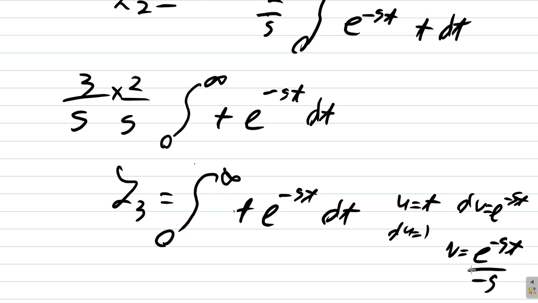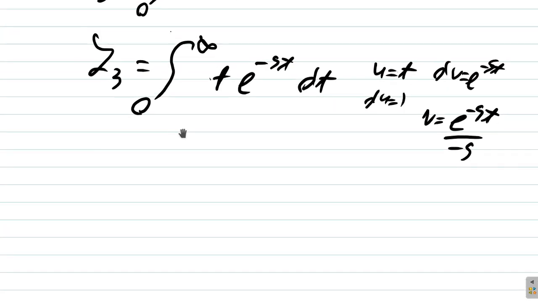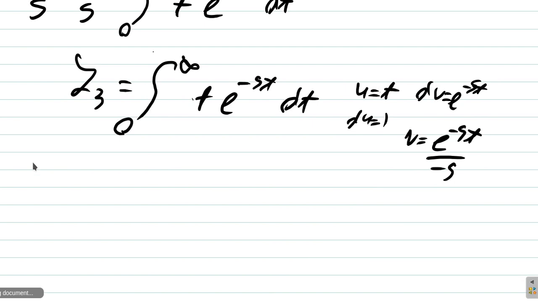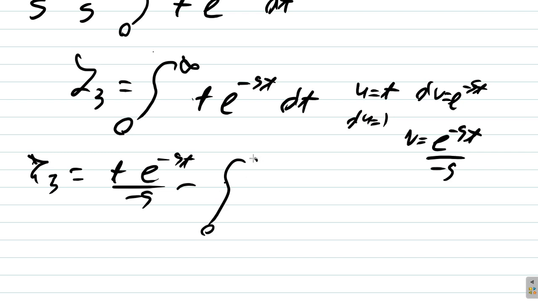Alright, now using integration by parts, what we have for L3 is integral of u dv is equal to u v minus the integral of v du, which is 1.